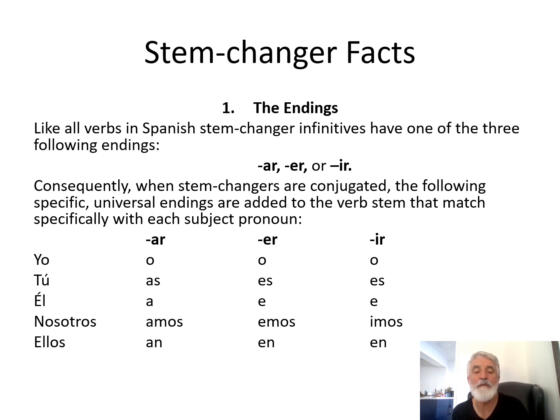An AN for AR verbs and EN for ER and IR verbs. So again, when we go to conjugate stem changer verbs, we're going to get our stem, and we have to figure out what that stem will be, but the endings will depend upon the subject pronoun and whether it's an AR, ER, or IR verb.